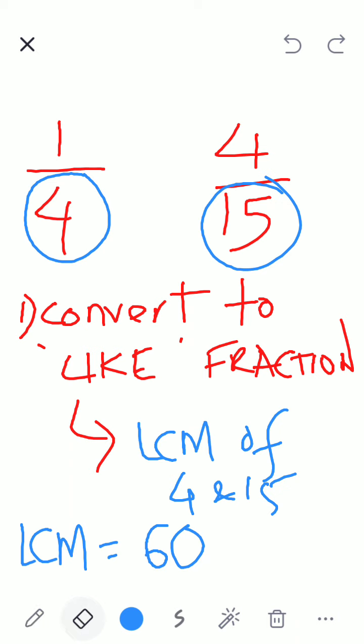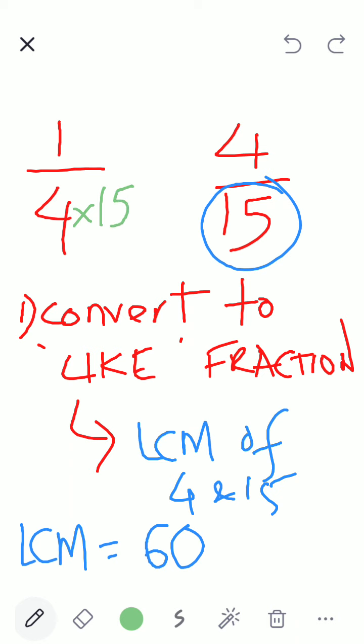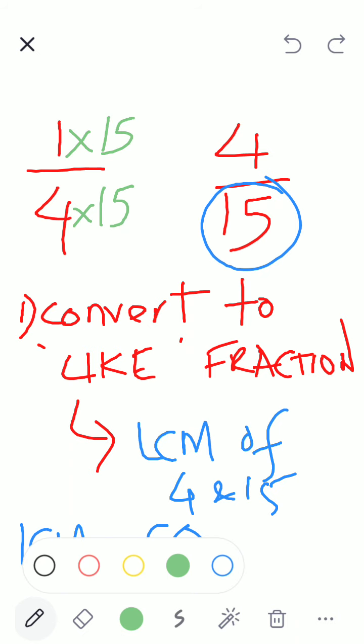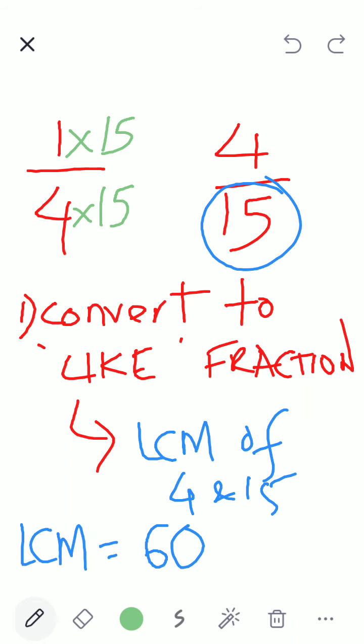How will the denominator become 60 for the first fraction, 1 by 4? If I multiply... no Subhashri, no. I have written it. Can you see? Yes. So who asked me this doubt?